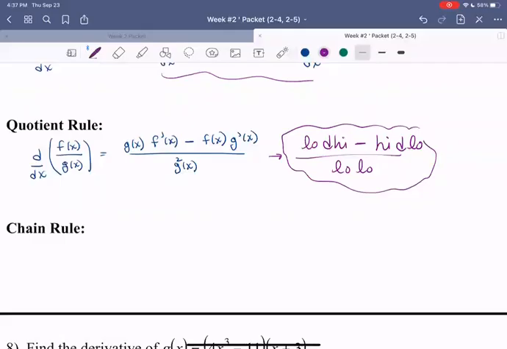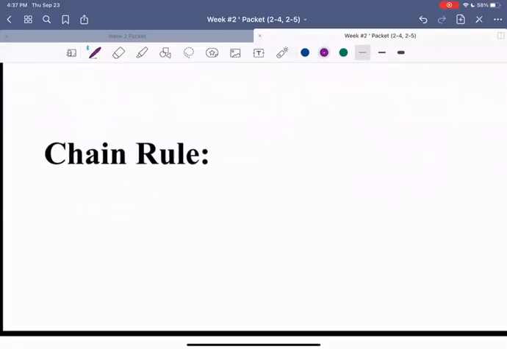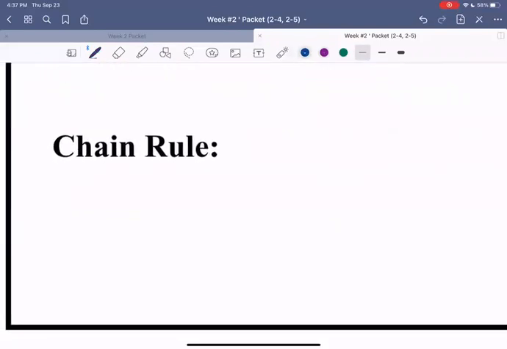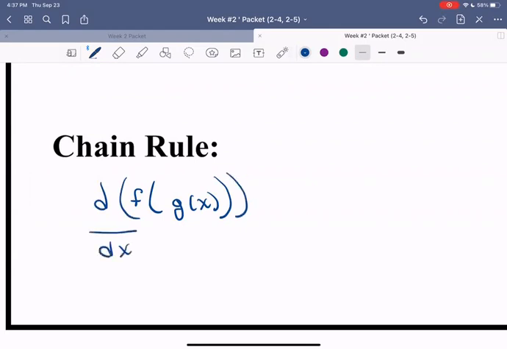All right, and so now our final rule for this section is the chain rule. Chain rule involves a composition of functions. So suppose we have a function f, and into function f, I put another function g of x. And I want to take the derivative of this composition.